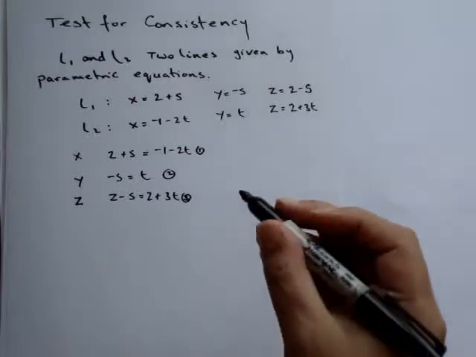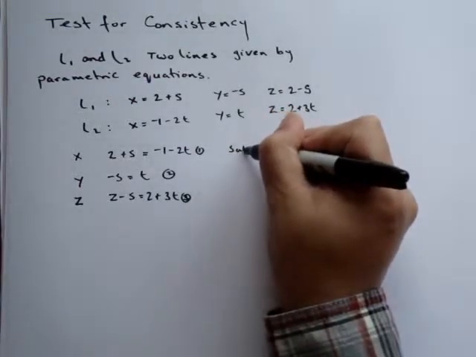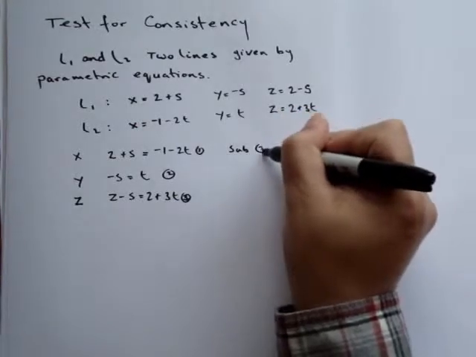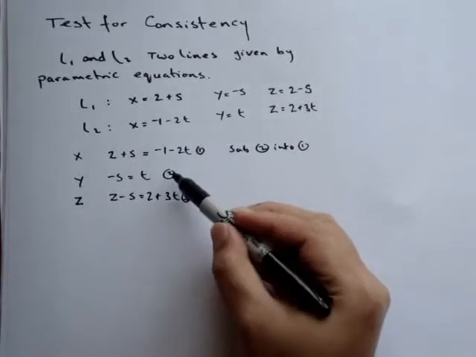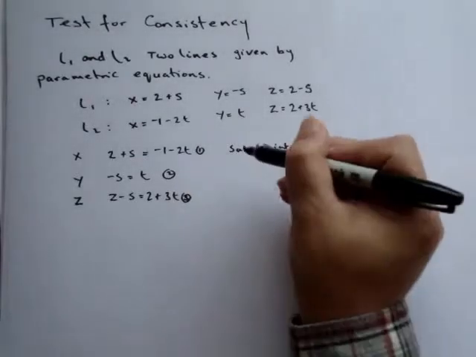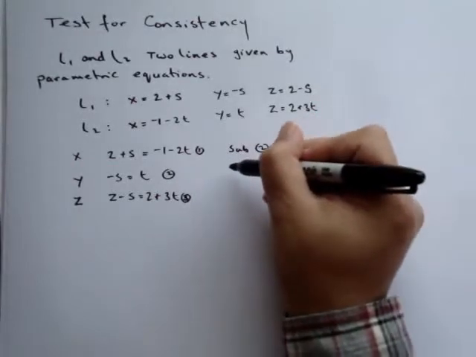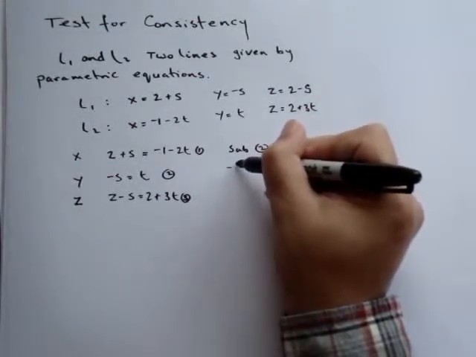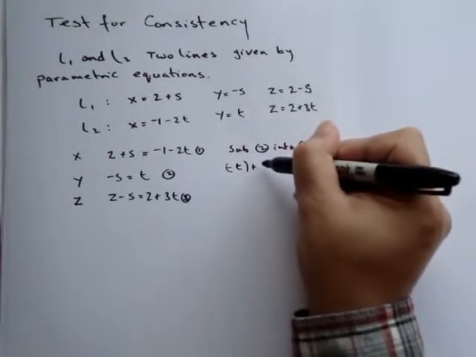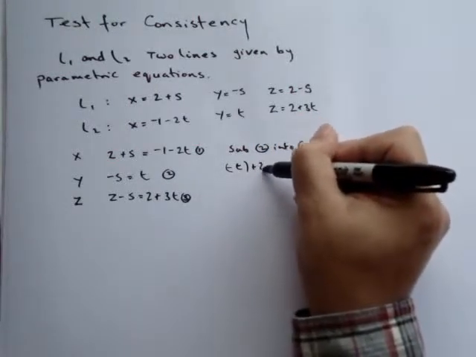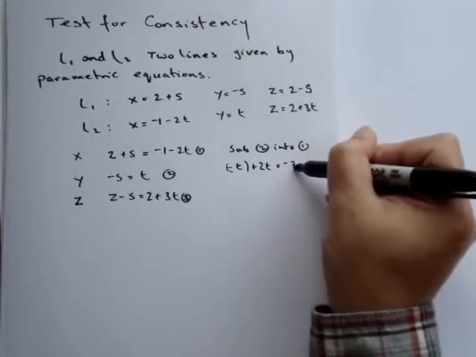So if we sub 2 into 1, we get minus t plus 2t equals minus 3.